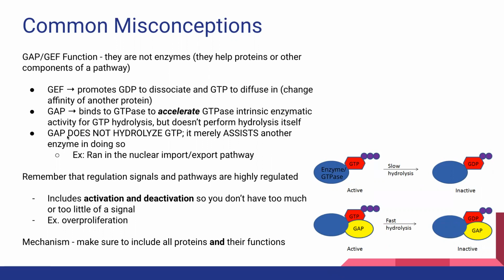And then we know that GAP binds to a GTPase, and it helps accelerate the intrinsic activity of that GTPase molecule. So it does not itself hydrolyze GTP to GDP, it just helps the molecule that is doing so do it faster.